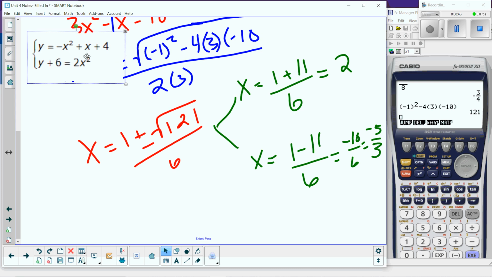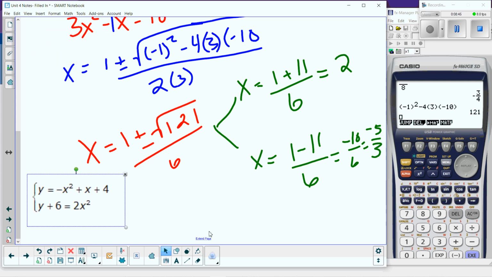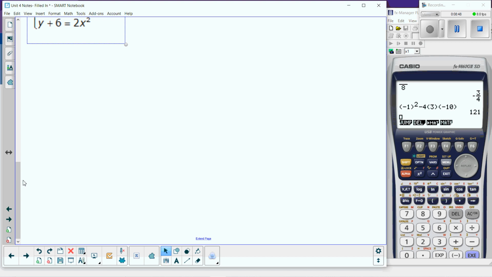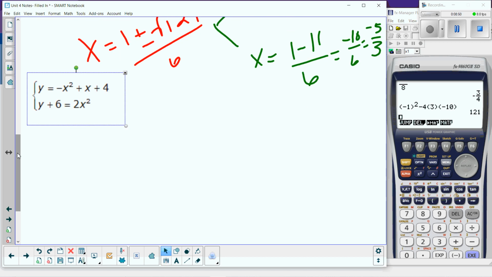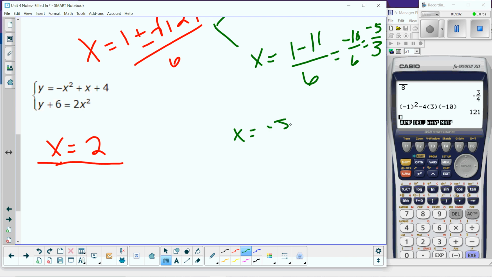Remember, when we're finding the solution for a system, you need an x and a y. So, sorry guys, my work is really messy. One of our answers was x equals 2, and the other was x equals negative 5 over 3.